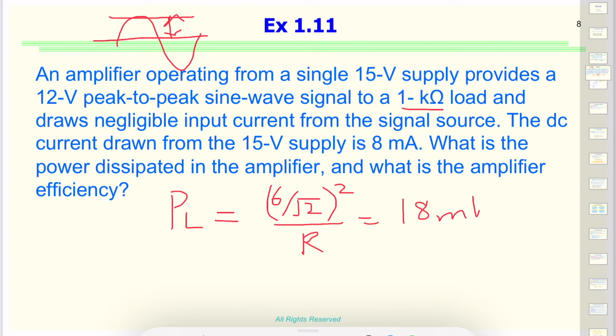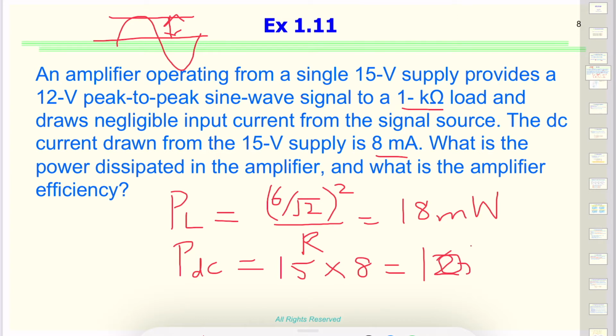So that would be the load power. The input is given, which is DC power, voltage times current, and that's given as 15 times 8 milliamp, and that also gives us 120 milliwatts. Let me just correct this.